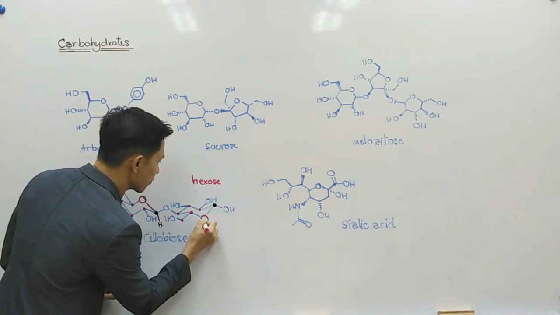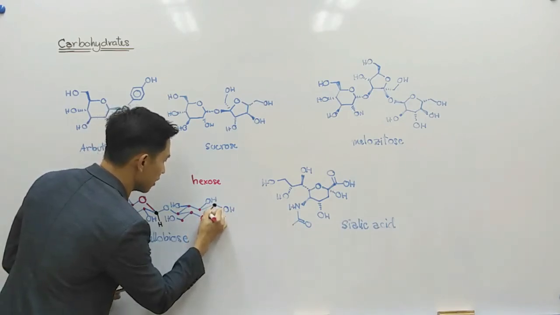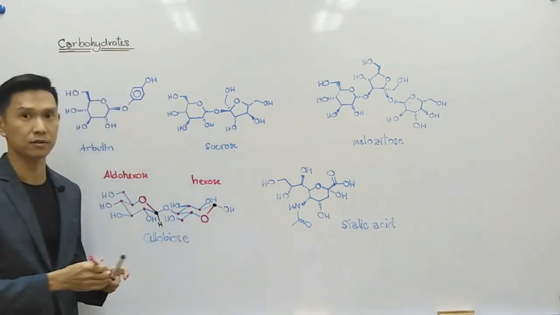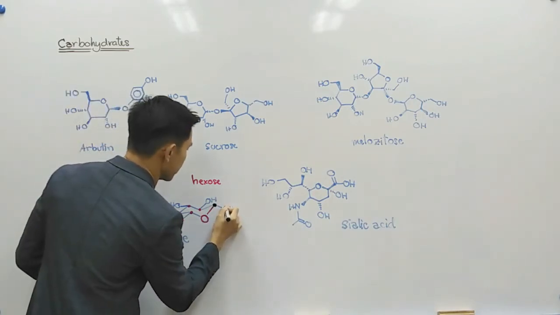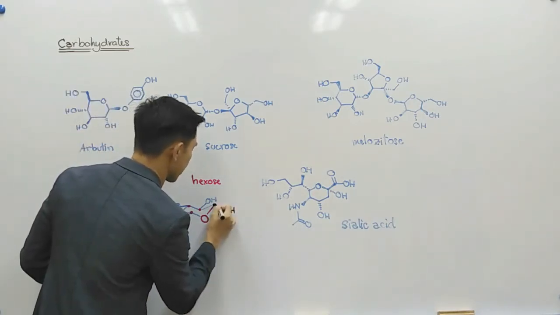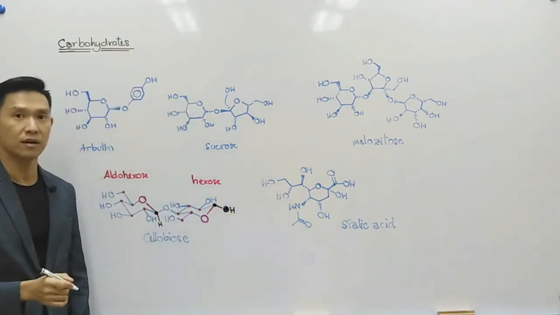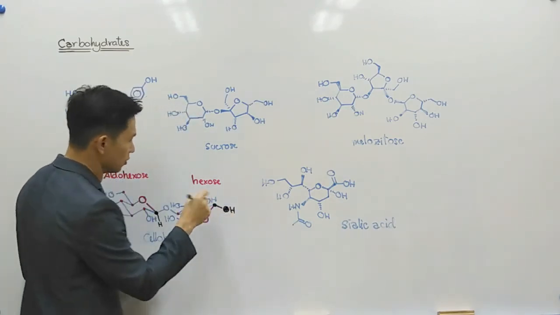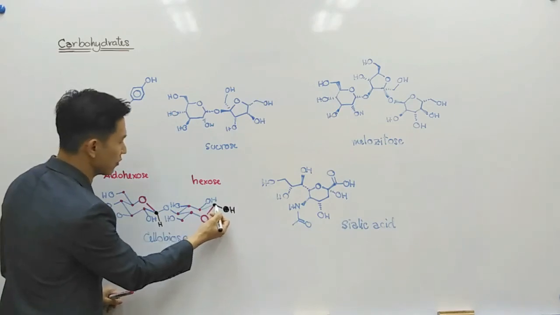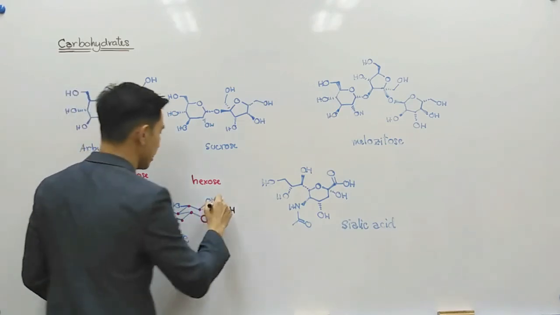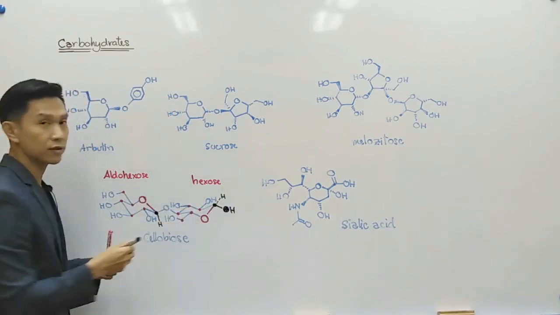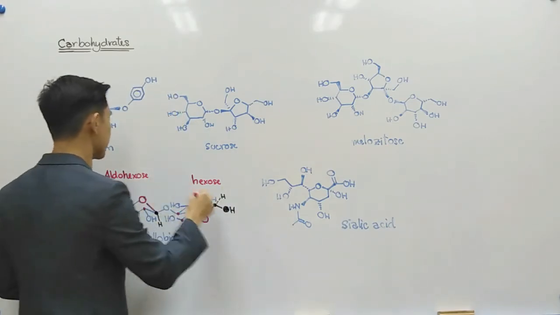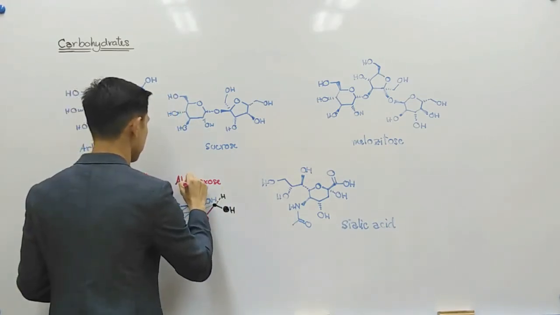So this is the hydroxyl group condensed with the carbonyl. So this O was previously the carbonyl group, right? And if this is the carbonyl, you have only 1 carbon here, and another bond is a hydrogen atom. So this is an aldose sugar again. So both of the subunits are aldohexose.